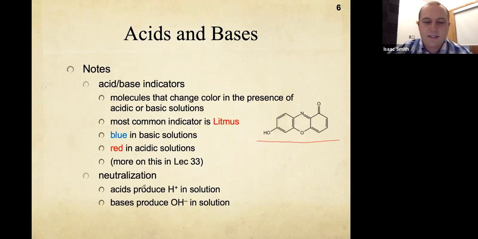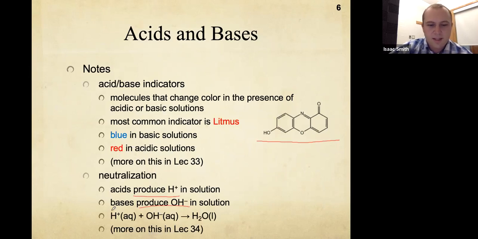Okay, and then neutralization. So we talked about how acids produce H plus and bases produce OH minus. So if you take an H plus and you add it to an OH minus, you get 2 hydrogens and an oxygen, so that's water, right? And water is basically the standard for neutral. So what is neutral? Later we're going to look at pH scales and stuff like that.